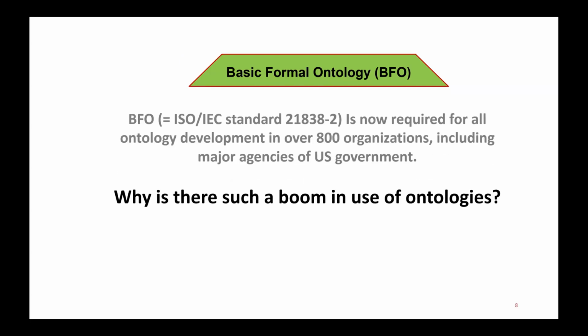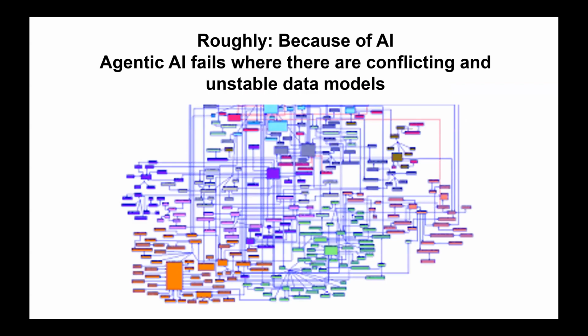All right, why is there this boom? Well, imagine that you want agentic AI, if that is still a thing. I don't know whether they decided not to continue using that particular buzzword. But anyway, if you wanted to do agentic AI across an organization like this, you're going to need a stable understanding of the terms which are used to describe the data in each of the modules in this organization.